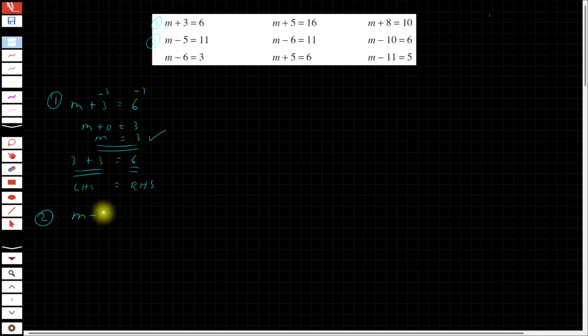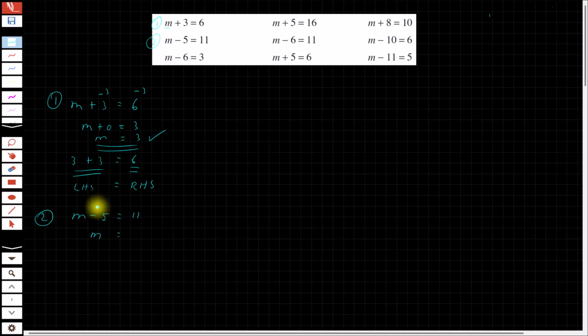m take 5 equals 11. We have one number here. We need to shift it to the right hand side of the equal sign. So let's firstly write down the variable m, and let's put the equal sign there. What do we need to do to get rid of this minus 5?